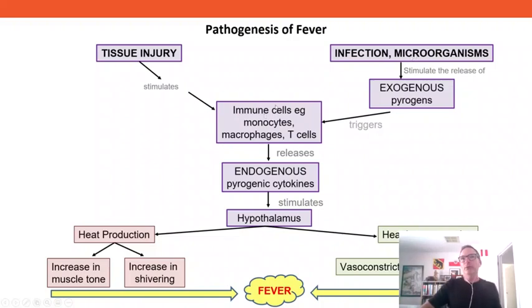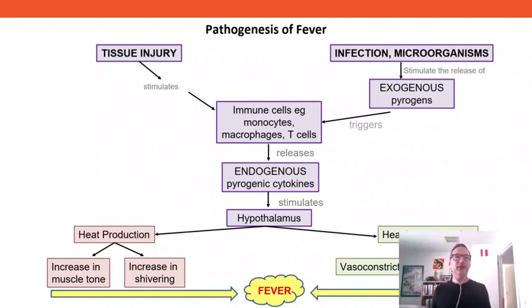Both of these trigger our immune response and our inflammatory response. So we get all those monocytes and macrophages arriving at the site of inflammation, releasing chemicals as well. And one of the things, or a family of things that they're releasing, are endogenous pyrogens. So pyrogenic cytokines, again, fever-producing chemicals.